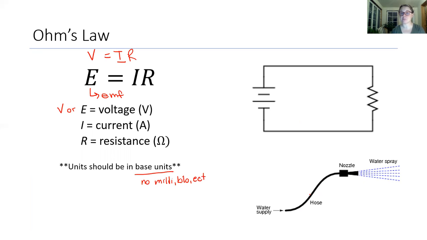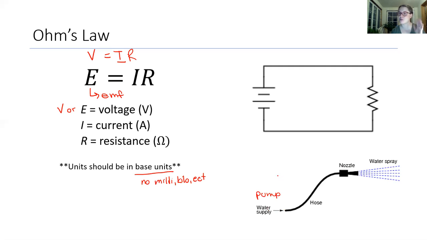Now, why do I have these two pictures here? Well, this is just the simplest possible circuit. What Ohm's law does is it relates the voltage coming from the battery to the current flowing through the wires given the amount of resistance here. And we can often relate this to, say, a water supply. So let's say we have water going through a hose. Our water is supplied by a pump.